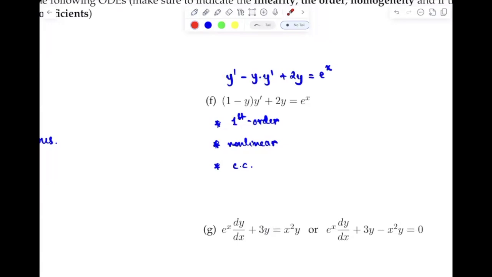Y times y prime, this stands for the nonlinear term. And this nonlinear term is multiplied with 1, so that's still constant. Y times 2, that's constant. Therefore, this is with constant coefficients. Now, the last category: everything with the dependent variable and its derivatives is set to one side of the equation, and everything else on the other side. That everything else is different from 0. Therefore, this is a non-homogeneous differential equation.